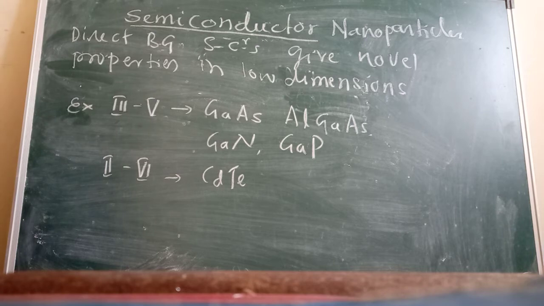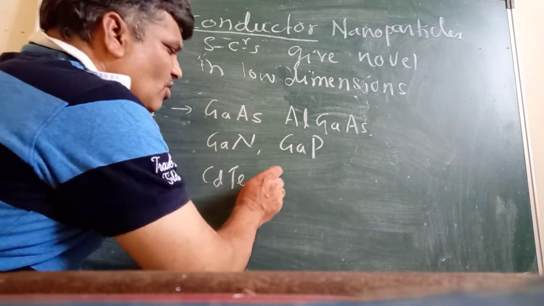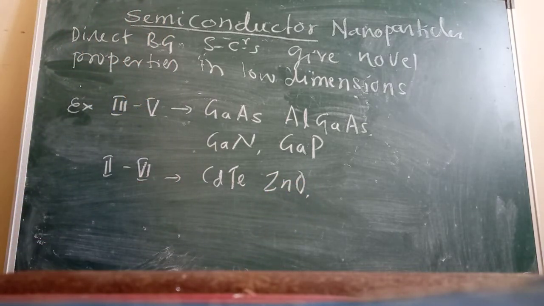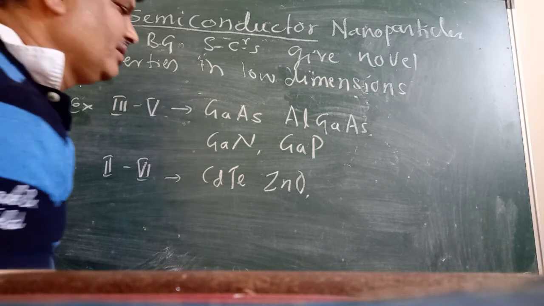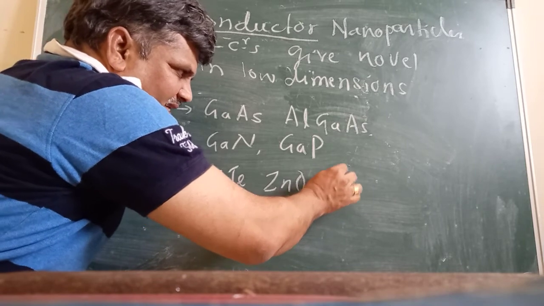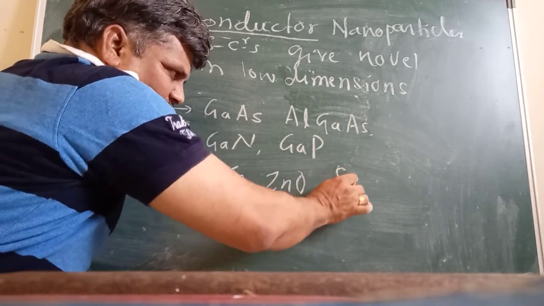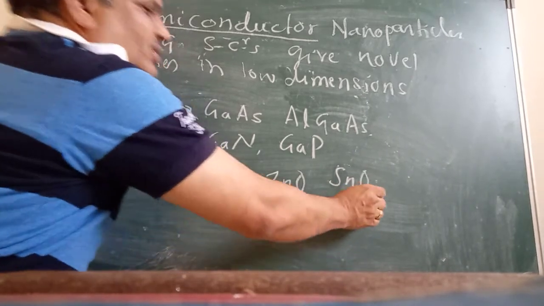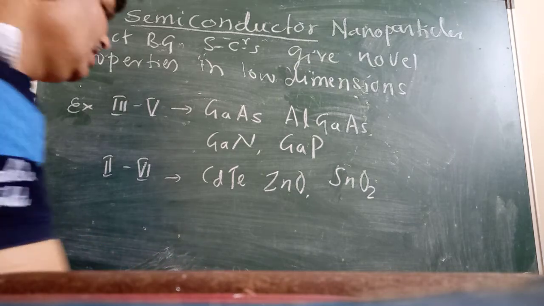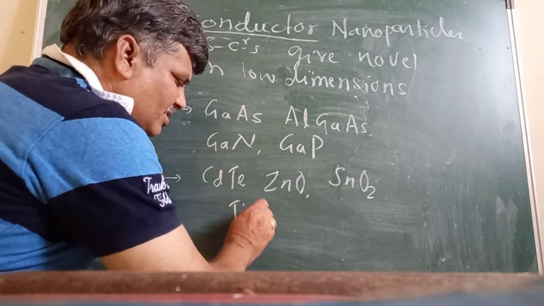Another one is zinc oxide, and another 2-6 semiconductor is tin oxide, SnO2. And titanium oxide.